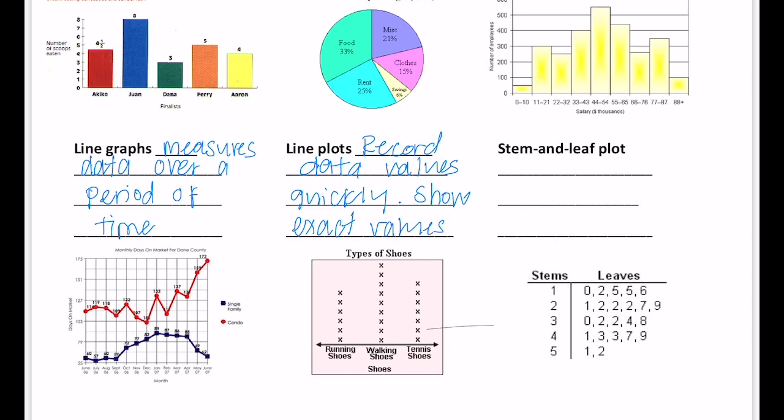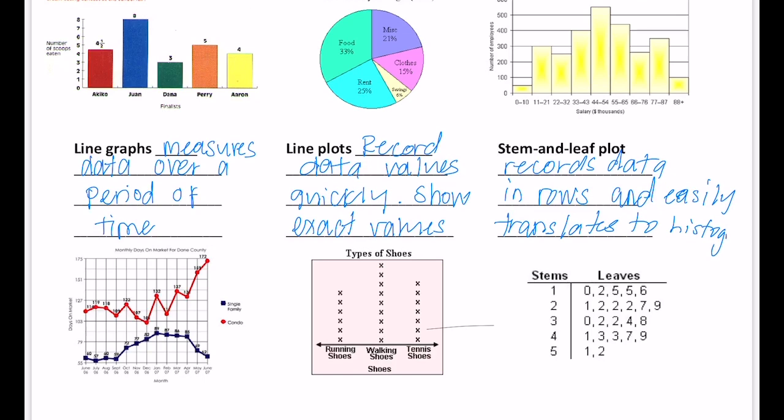Your stem and leaf plots record data in rows and easily translate to a histogram. So those are your differences there.